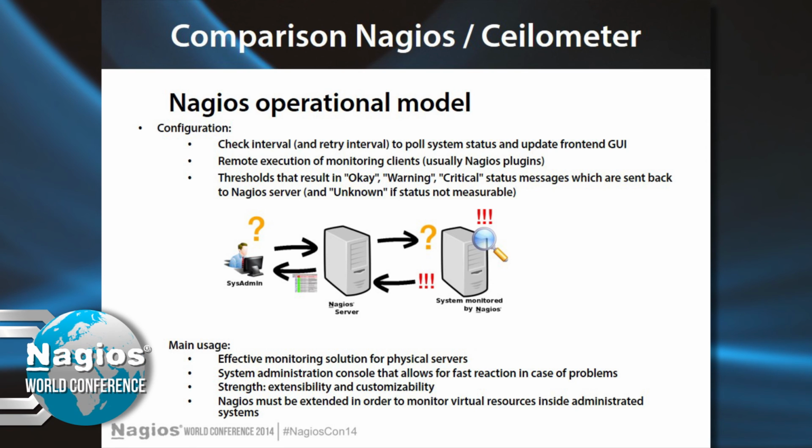Let's compare a little bit the different monitoring tools. The Nagios tool, you all know about it. You have a Nagios core server somewhere, and you have some clients or some systems which are monitored by Nagios with Nagios plugins, and they are checked, and they generate some messages about the status of services that are running on the system.